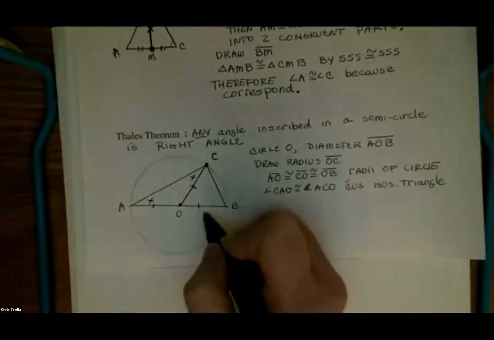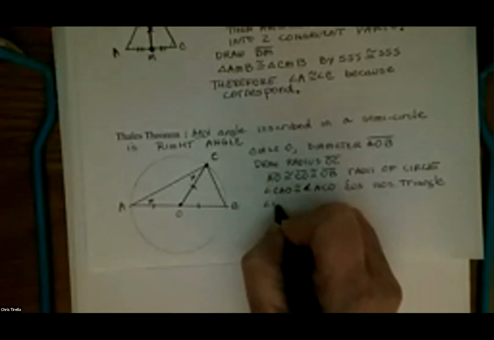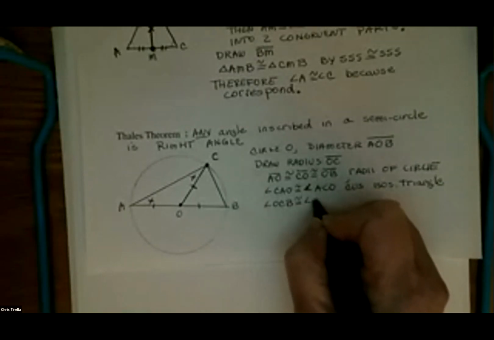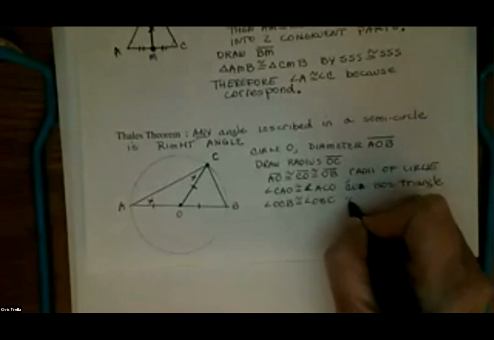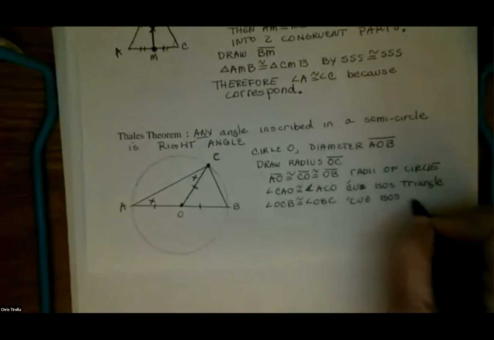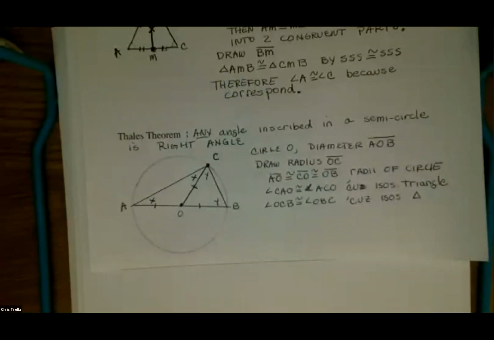And doesn't this one also have to be isosceles? So doesn't angle OCB have to be congruent to angle OBC because I've got an isosceles triangle? I'll call those both Y. With me so far?